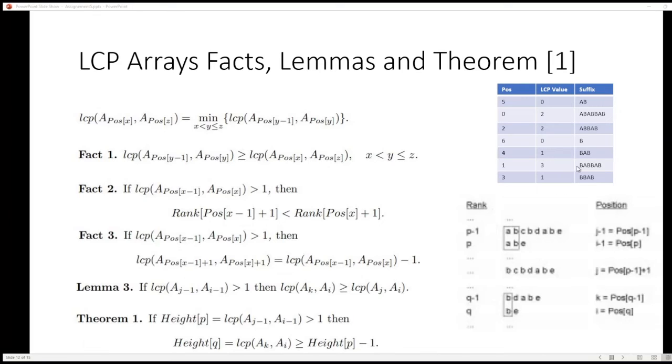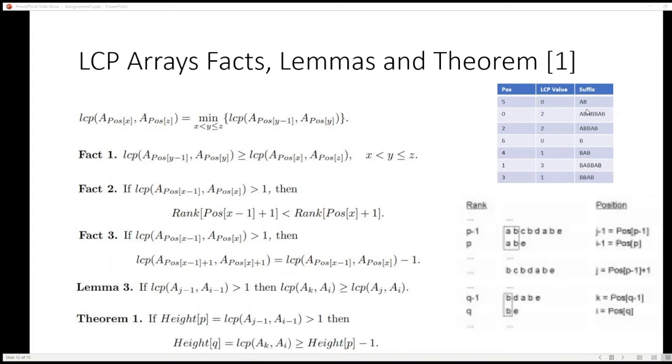For example, if we take this suffix, and we consider all the adjacent suffixes on the suffix array, this is the first LCP value, this is the second LCP value, this is the third LCP value. The minimum is 0. So the LCP value between this suffix and this suffix is 0.